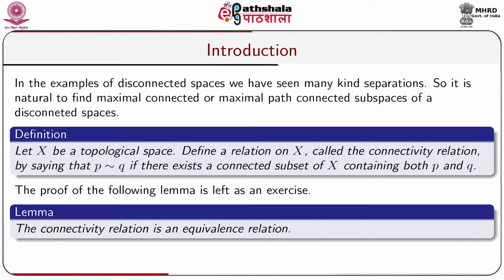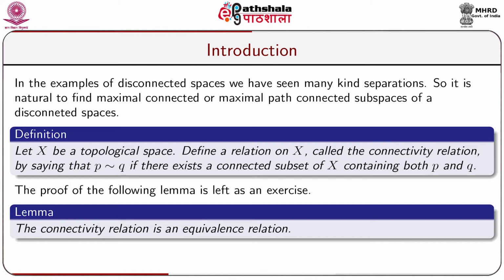So as we discussed, we want to find what the maximal connected subspaces of a topological space are. Clearly, if a topological space is connected, then the maximal connected subspace will be itself. So in fact, we have to find them for disconnected topological spaces.